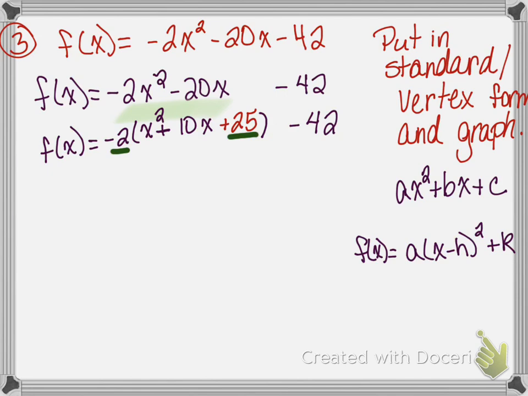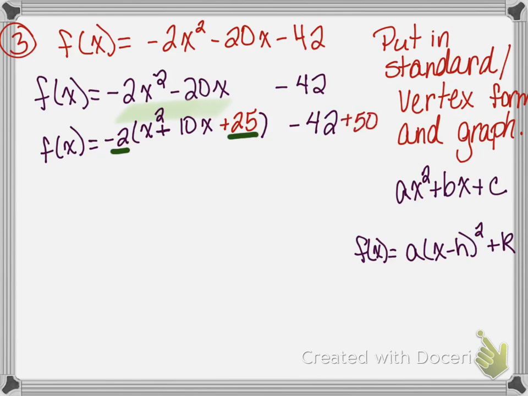I have got to keep this equation balanced by adding something to the same side. So I need to add something outside the parentheses that is going to zero out that -50. And so what I actually add is positive 50 to the outside of that.